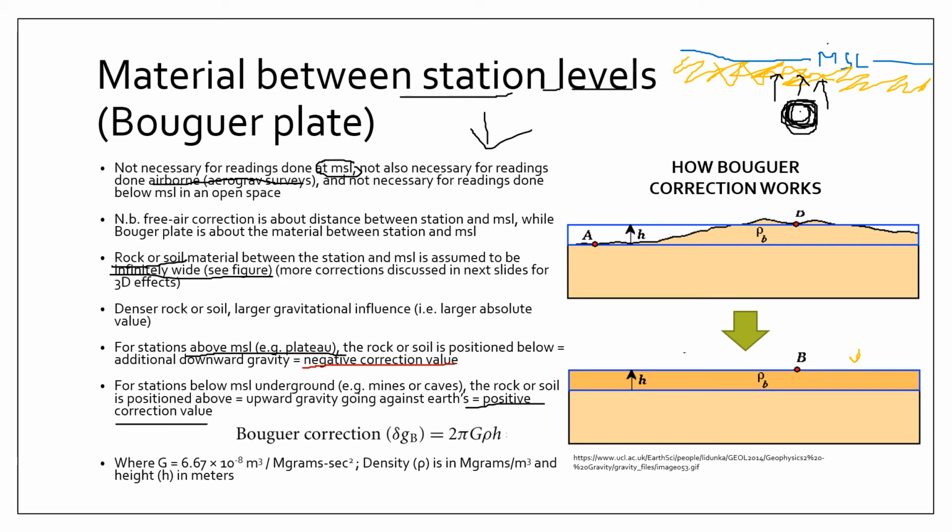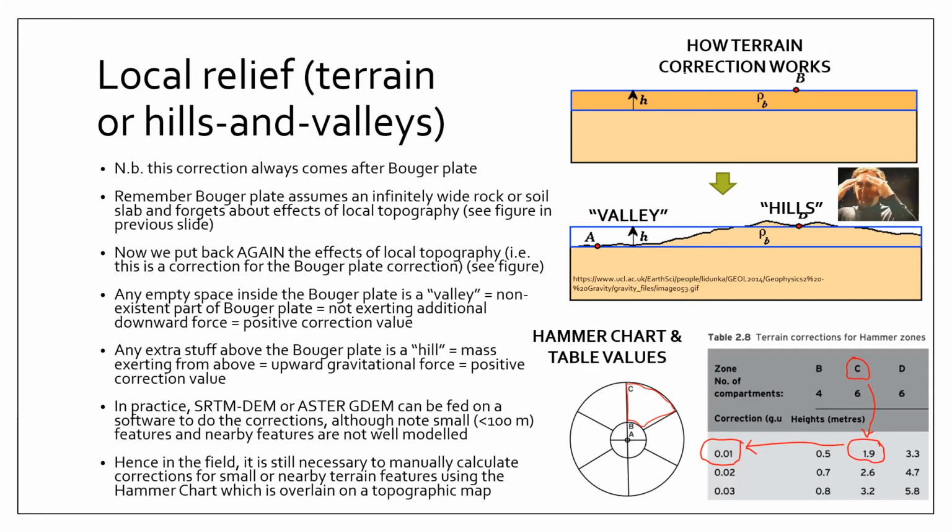If the material is below you, the convention is that the height is negative. If the material is above you, the sign of the height is positive. All right, then.